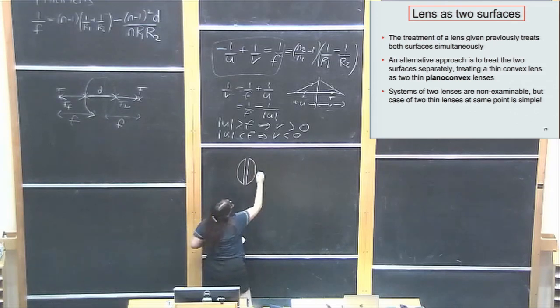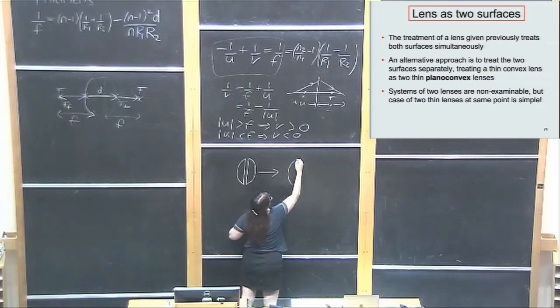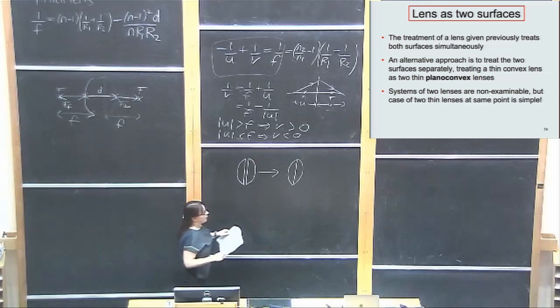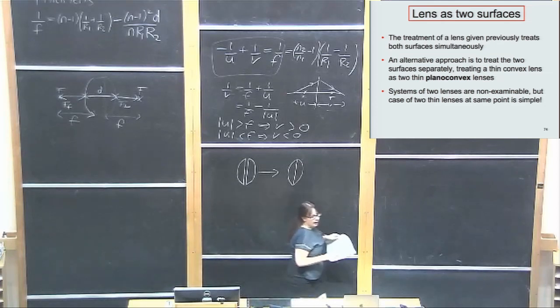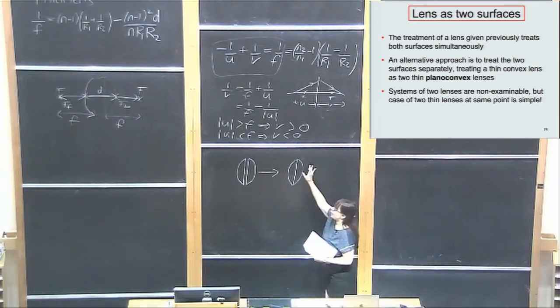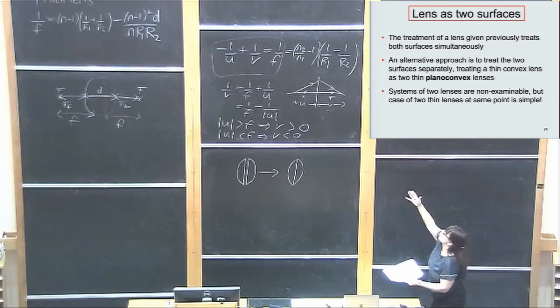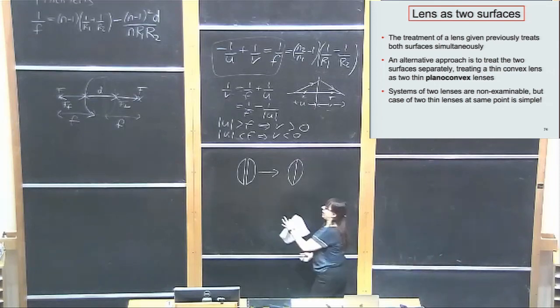So I'm going to have my two, these are called plano-convex lenses, and I'm just going to bring them together, and I'm going to treat these two lenses separately. The reason I'm doing it is to show you that this situation is going to recover the exact same lens equation as if I had treated the two curved surfaces separately.